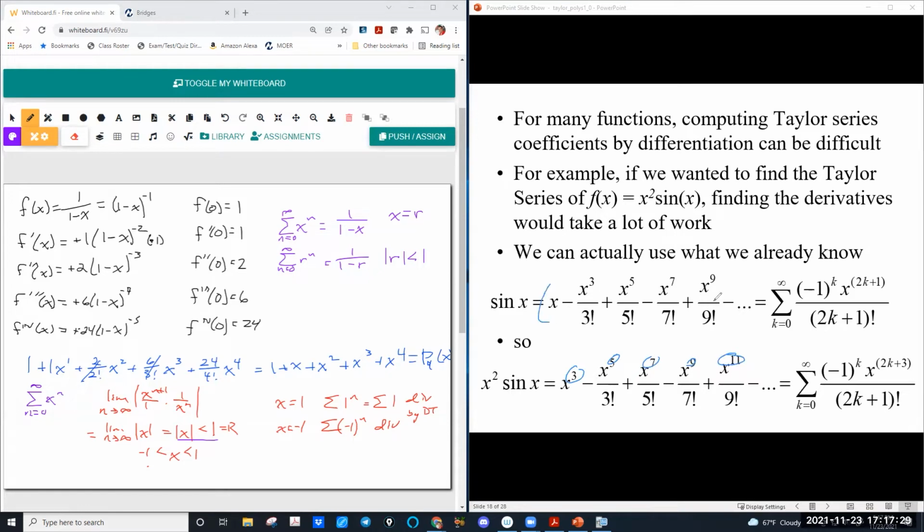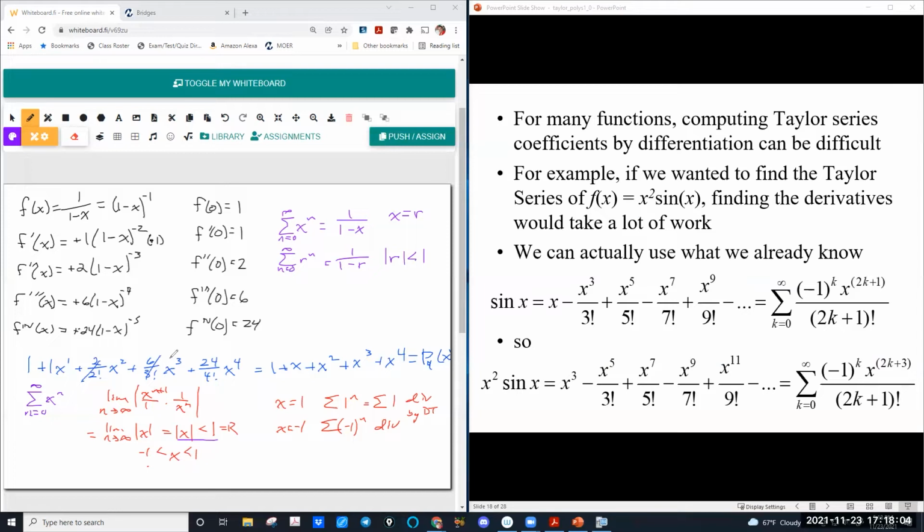What we did is we took this and multiplied it by x squared. That increased all the exponents by 2. So in the closed form, our exponent is now exactly 2 higher. We did not have to take a single derivative of x squared times sine of x. This is what's called using a known Taylor series to find the Taylor series of more complicated functions.